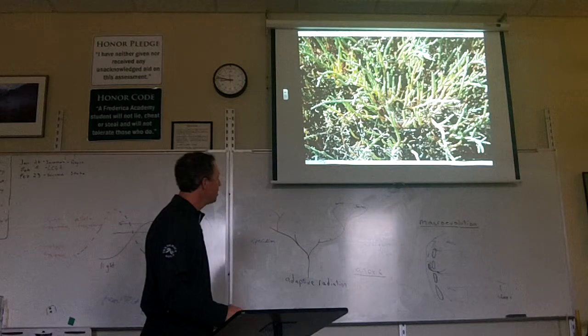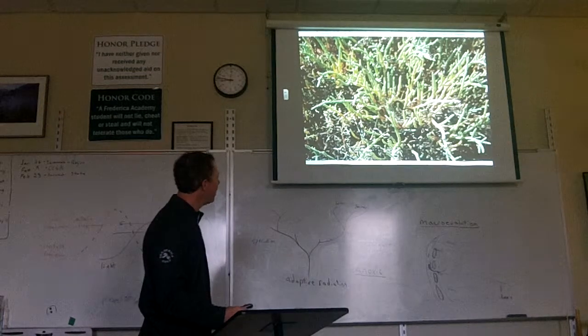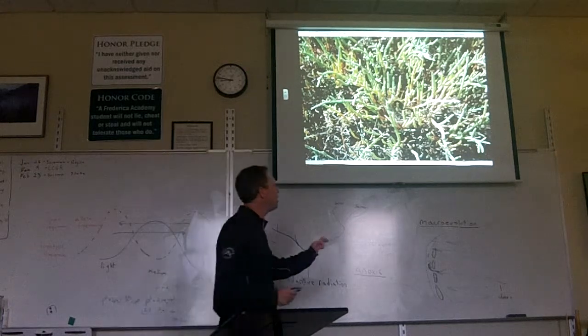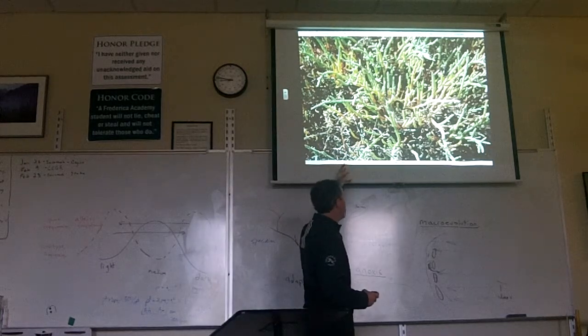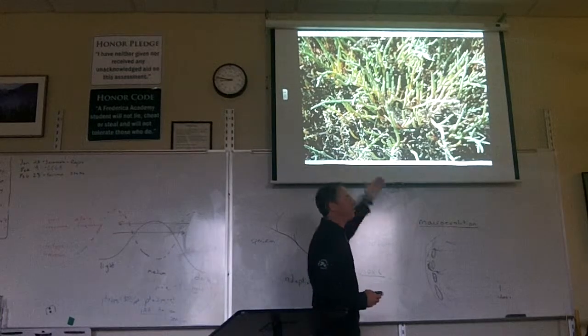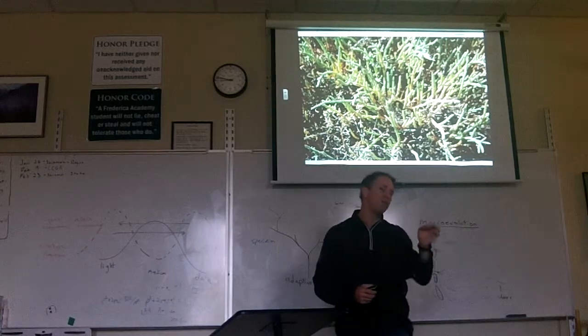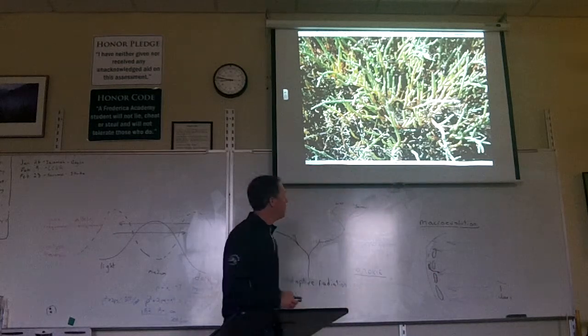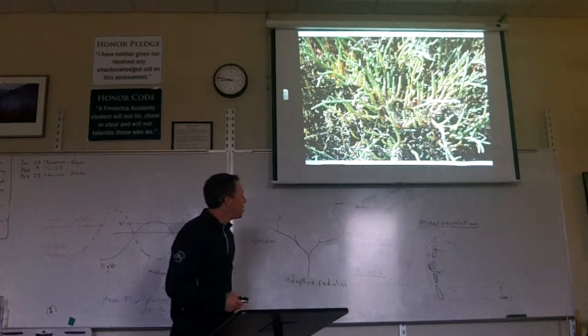What's that? Glasswort. Remember that? That's another plant. Another way to tolerate the conditions of the marsh is to store water inside your leaves. You know what we call that when water is stored inside your leaves? Succulent. These are succulent leaves. And you can store fresh water.